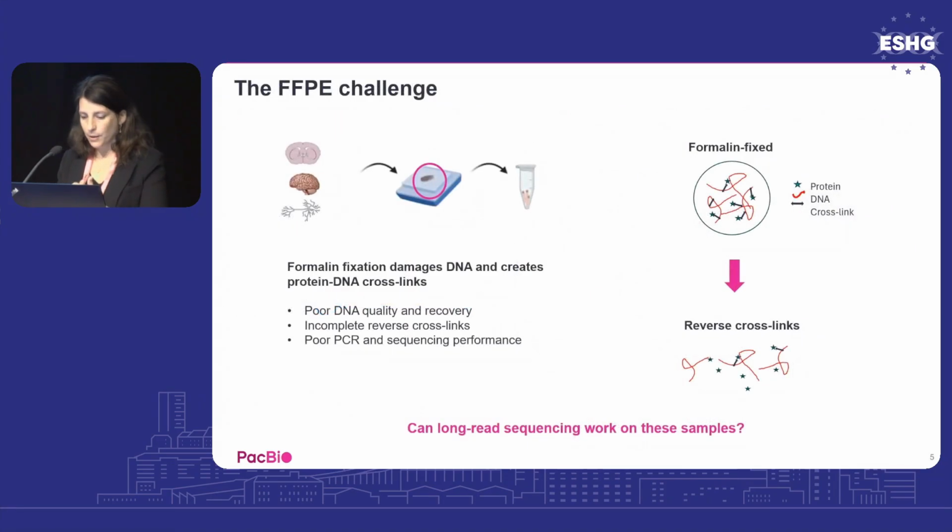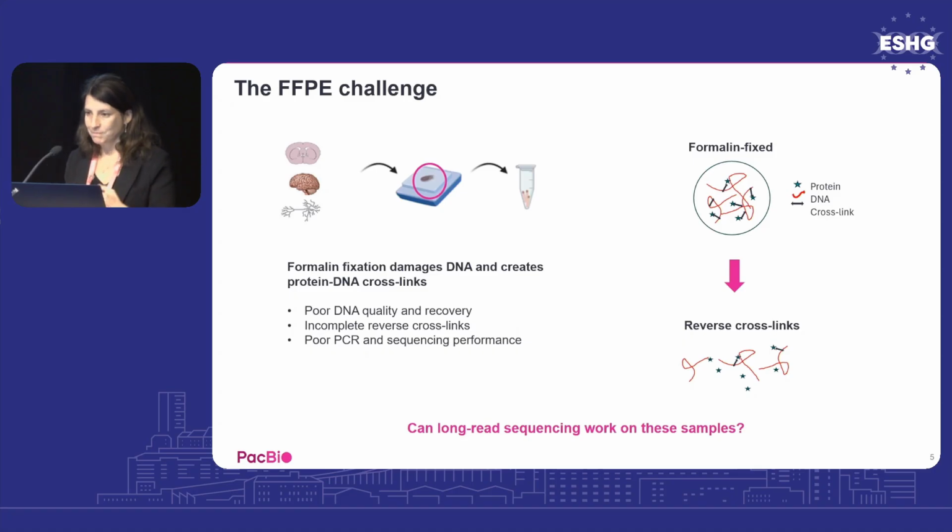Now I will come back to the FFPE challenge, and as you mentioned, Eric, that really starts during the fixation, because the formaldehyde preserves the tissue extremely well, but it also damages the DNA. It creates some protein-DNA crosslinks, and it's where we start to have issues when we do PacBio sequencing.